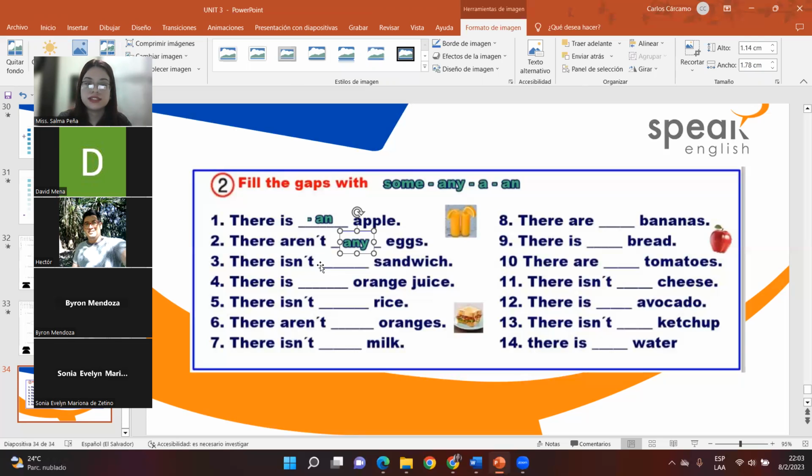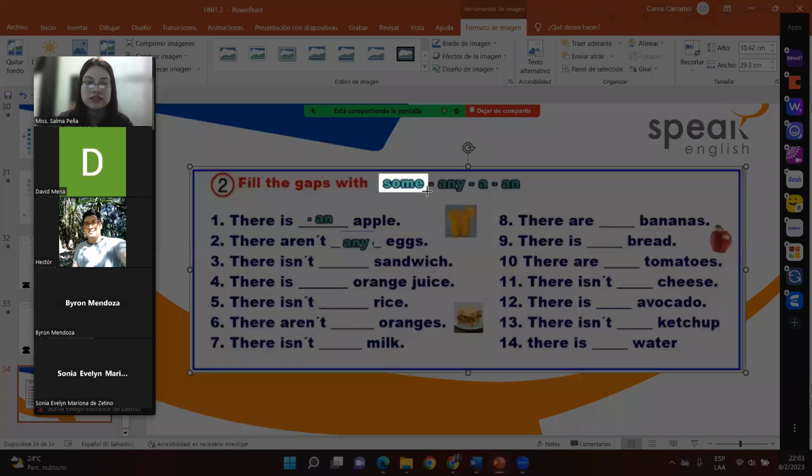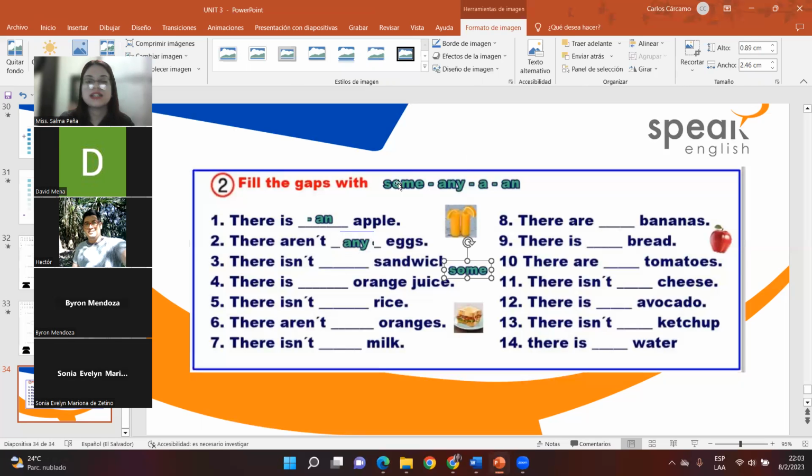Now, there isn't, Hector, there isn't. There isn't any sandwich. It doesn't matter if it's countable or not. Now, Sonia, number 4.